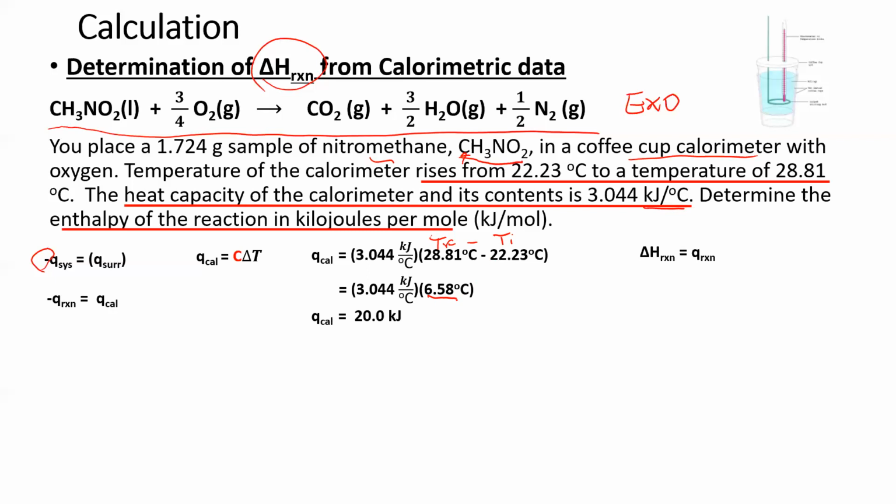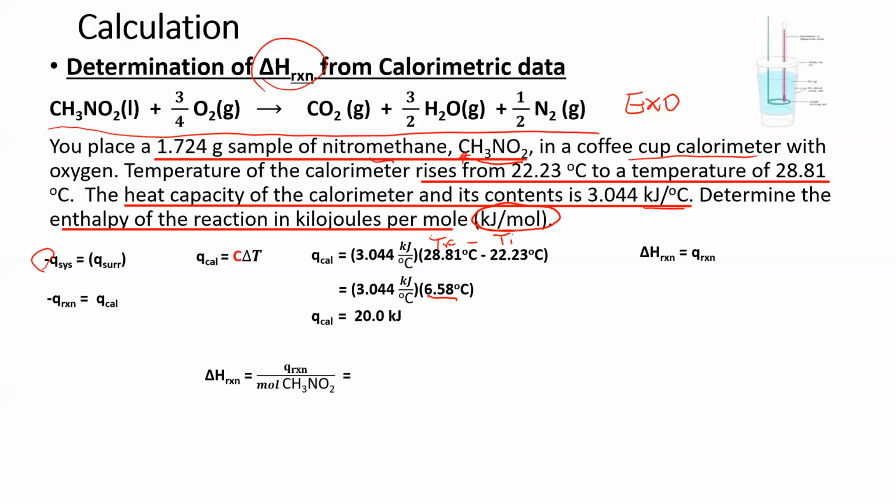So it seems like we'd be done, but we're actually not done. Why? Well, they want the heat of reaction not just in kilojoules, but kilojoules per mole. Per mole of what? Well, again, what are we burning? They tell you right off the bat, you are burning 1.724 grams of nitromethane.